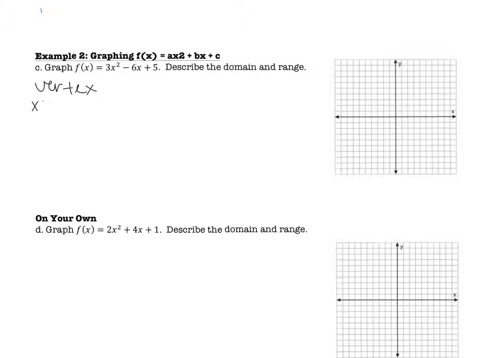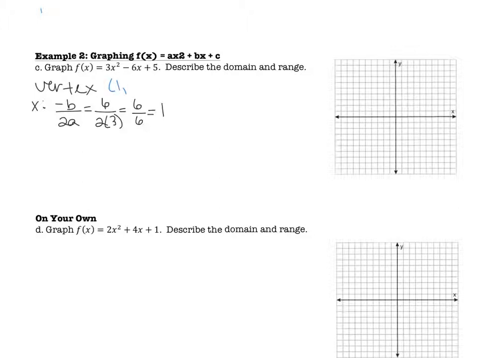Our x value would be negative b over 2a. So b is negative 6. So the opposite of negative 6 would be positive 6 over 2 times a. Our a value is 3. So it would be 6 over 6. So we get 1 for the x value of the vertex.